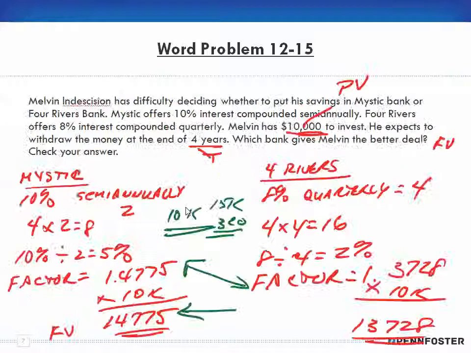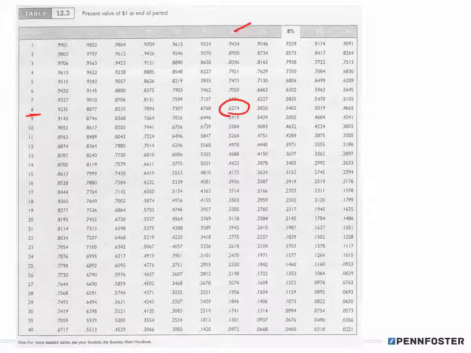Maybe I should do that, okay? Because remember, I'm looking at the present value table, not the future value table. So I'm looking at 3% at 16 periods, and that's how I get my 0.6232.